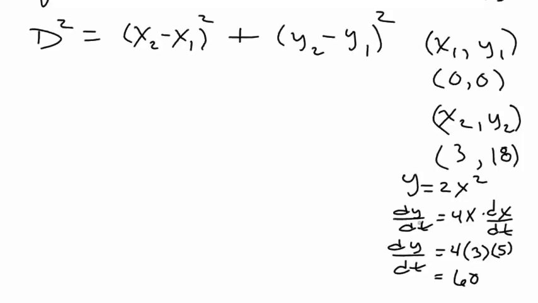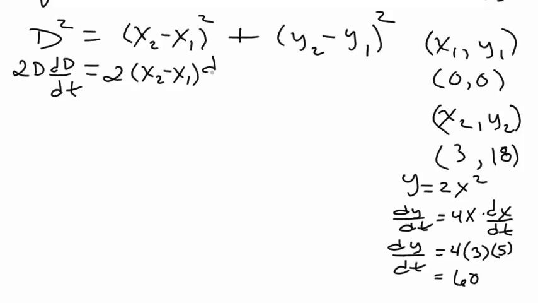Okay, I think we've got everything we need. Let's go ahead and take the derivative of this. So this is 2d times dd over dt, and then this becomes 2 times x of 2 minus x of 1 times dx over dt, plus 2 times y of 2 minus y of 1 times dy over dt.